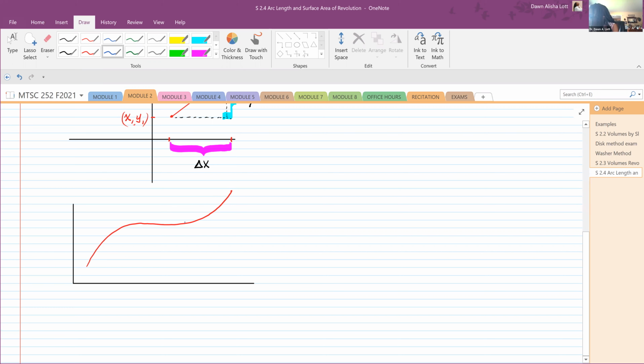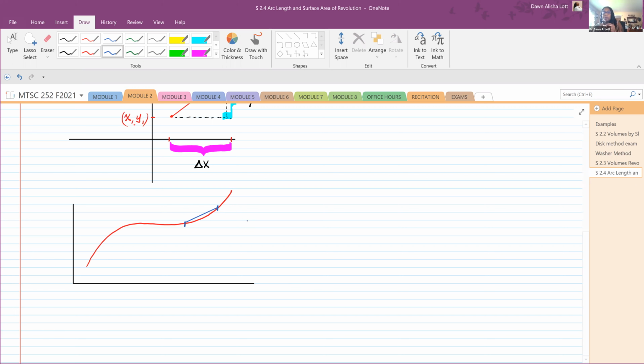Say between here and here. As I look at that little tiny piece, that piece is almost the same length as this straight piece, if it's really, really, really tiny.